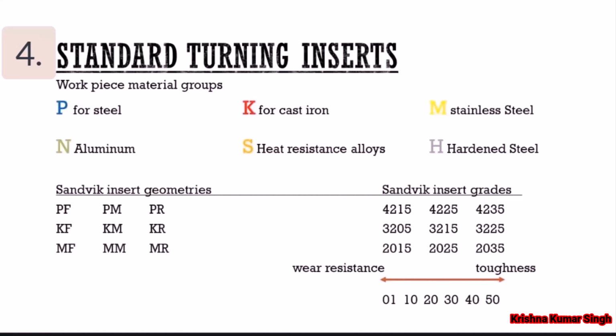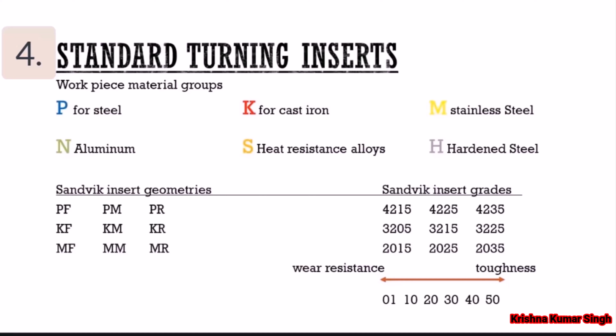Now, I want to discuss material groups and what they mean. In metal cutting, materials are divided into 6 groups: P for steel, shown in blue, K for cast iron, red, M for stainless steel, yellow, N for aluminum, green, S for heat-resistant alloys such as Inconel and titanium, and H for hardened steels.